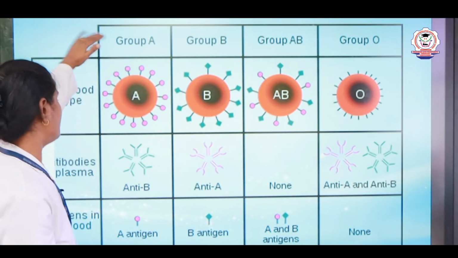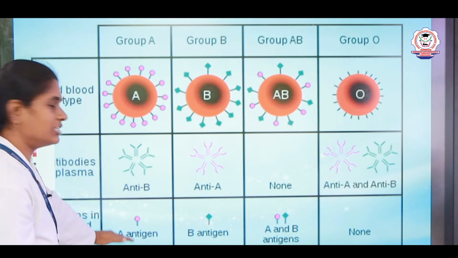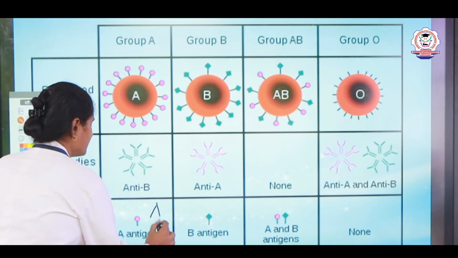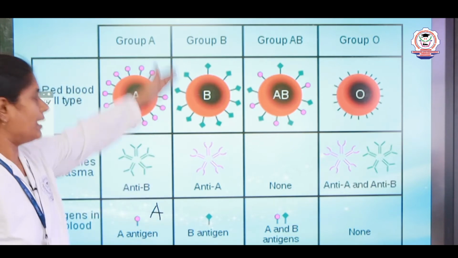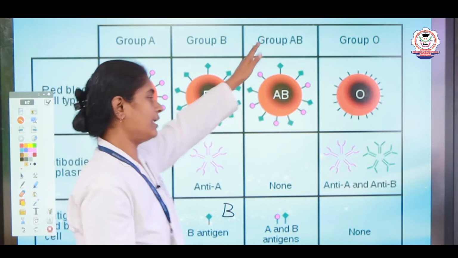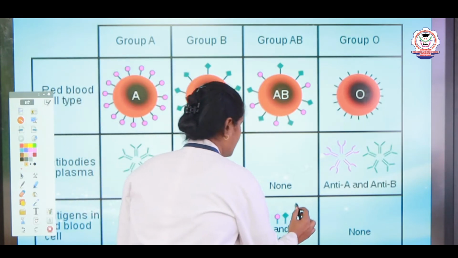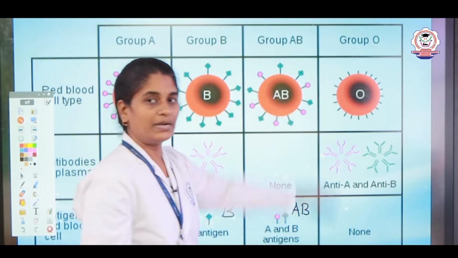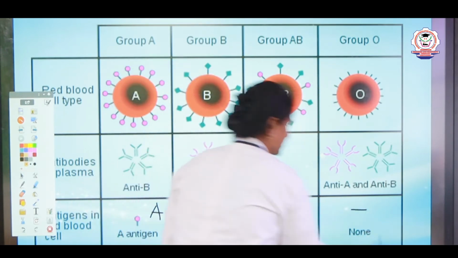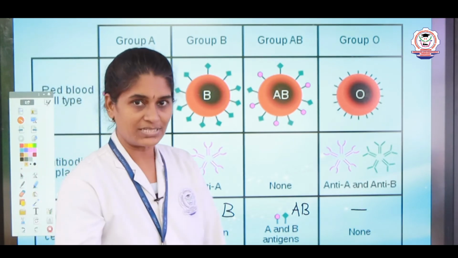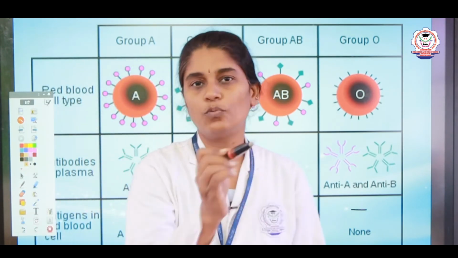In the A blood group, antigen A is present, and in the B blood group, antigen B is present, and in the AB blood group, antigens A and B both are present, and in O blood group, no antigen is present, right. So when the blood does not have antigens, that blood group is called O blood group.